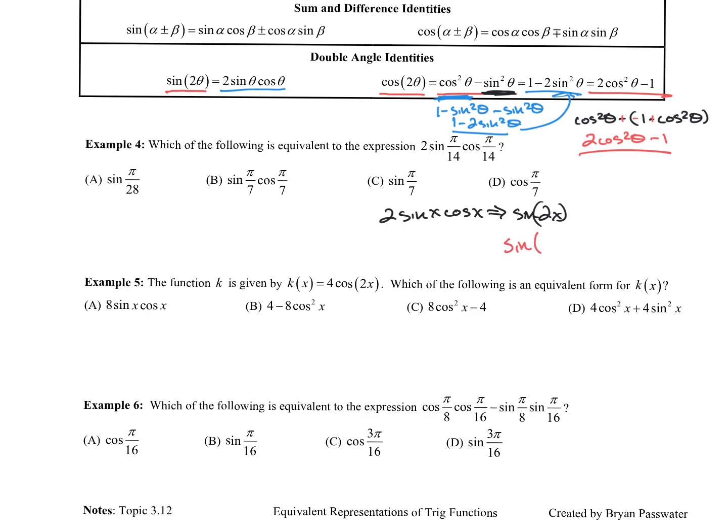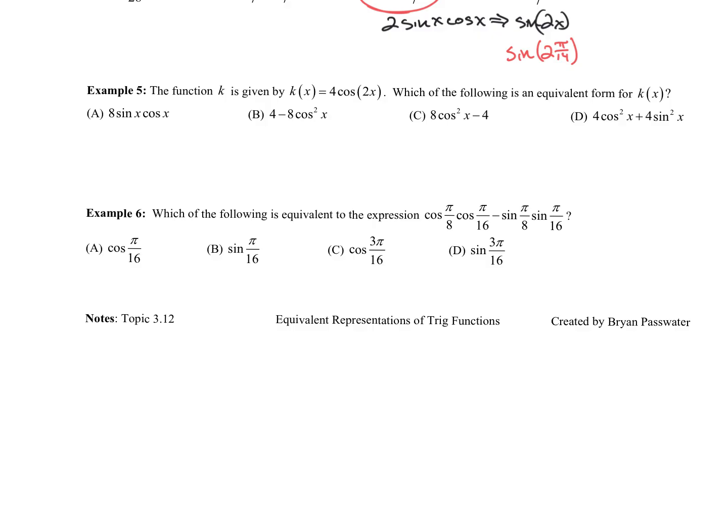So now I have sine of 2 times pi over 14. And so 2 times pi over 14 is really what? Pi over 7. All right. And so that is equivalent to this. And if we were to use our calculator, these would be synonymous. It's just a different way to look at it.